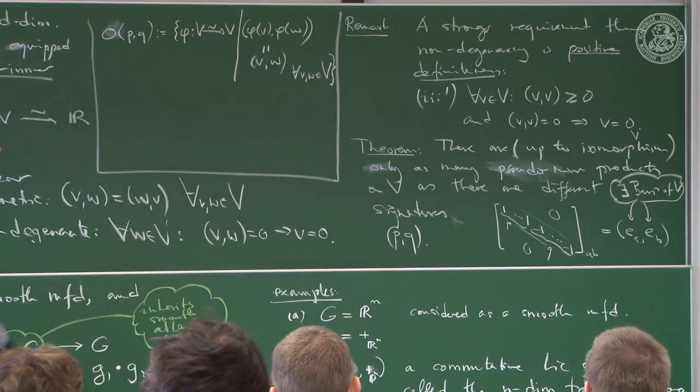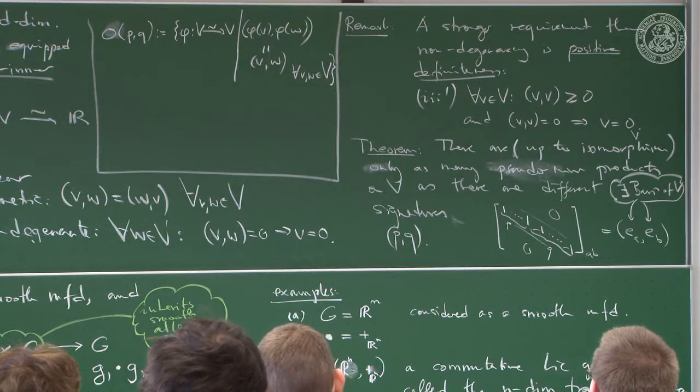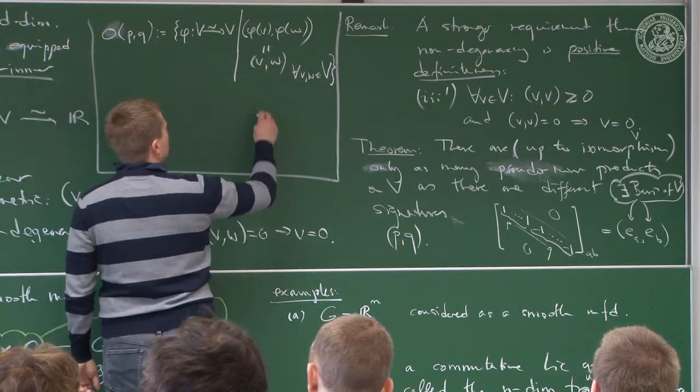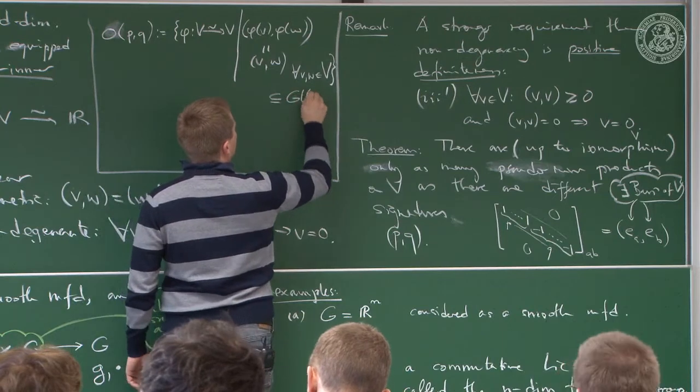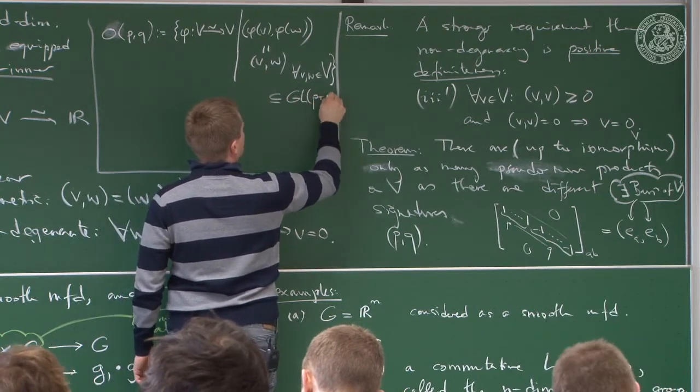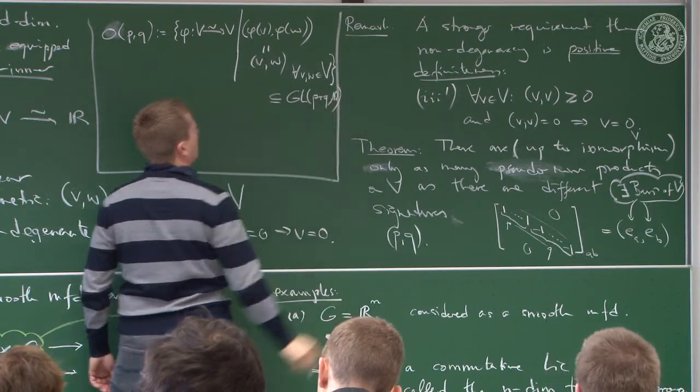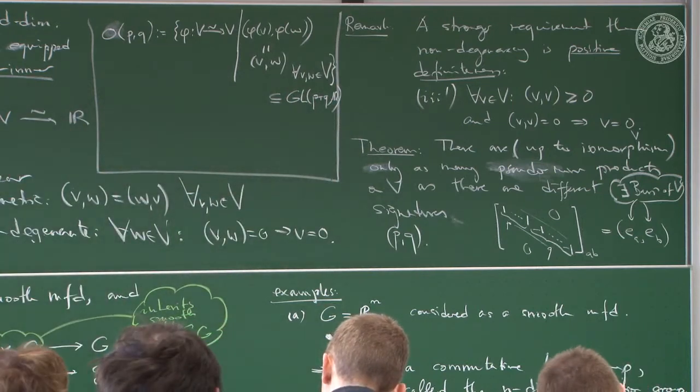Okay, so you take this set, and you can check that this is actually a subgroup of the general linear group of P plus Q, comma R. It's the R vector space.